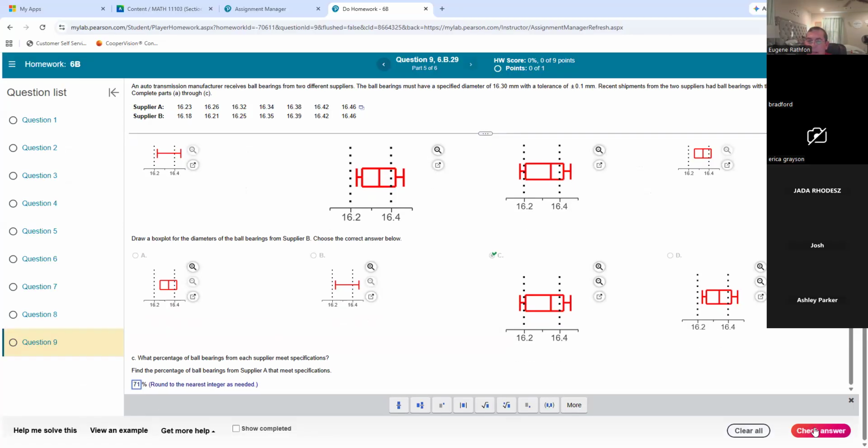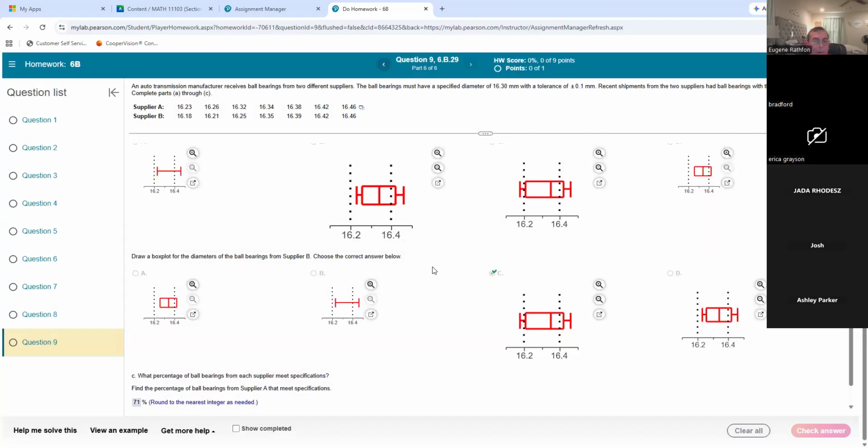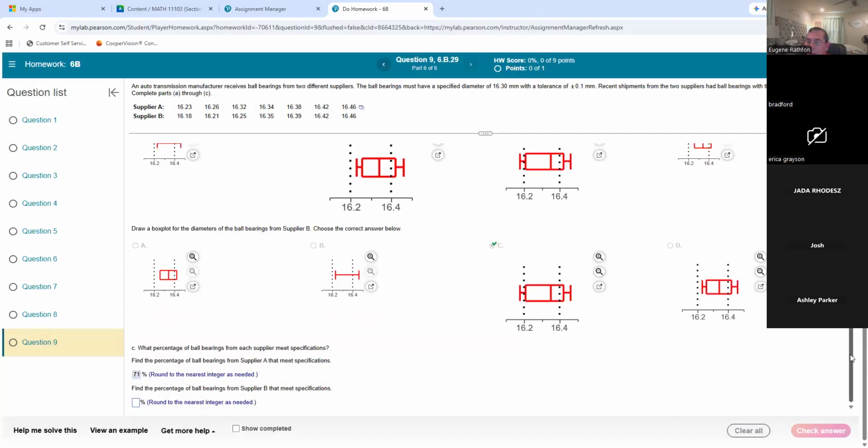And then we would check that answer. And then y'all were doing that for the second one. So remember, they got to be in between 16.2 and 16.4. So 16.18 is too low. So 16.21 works, 16.25 works, 16.35 works, 16.39 works, but y'all 16.42 and 16.46 are too large.